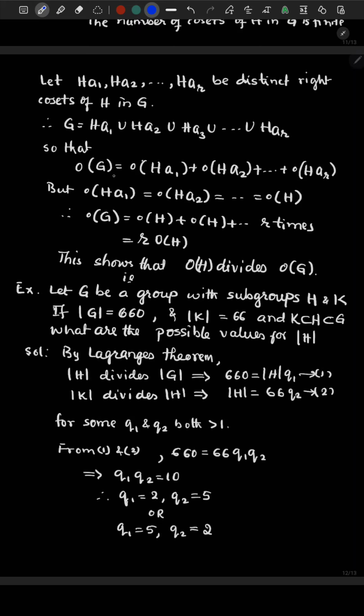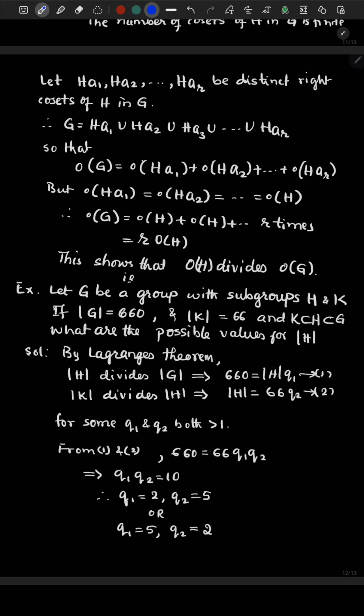So the order of G will be the addition of the orders of the individual cosets. So the number of elements in this coset, the number of elements in that coset, all together give you the number of elements in G. But the order of coset Ha1 will be the same as the order of coset Ha2 and so on, and that is equal to the order of the set H. I told you there is no change in the number of elements in the cosets and the set H. So it means what?